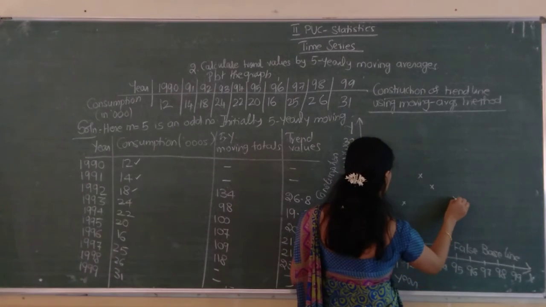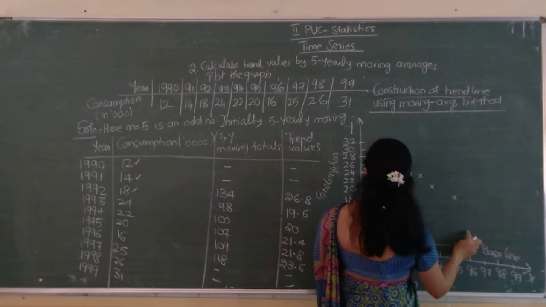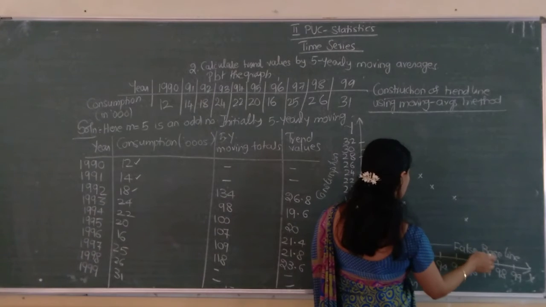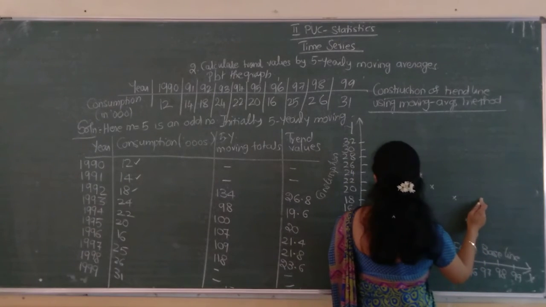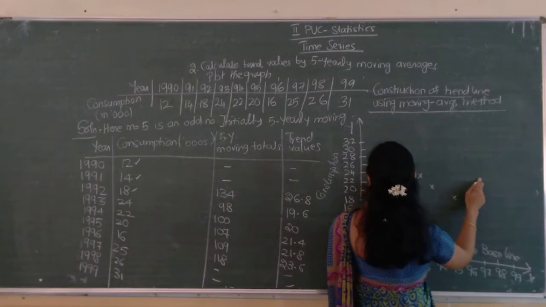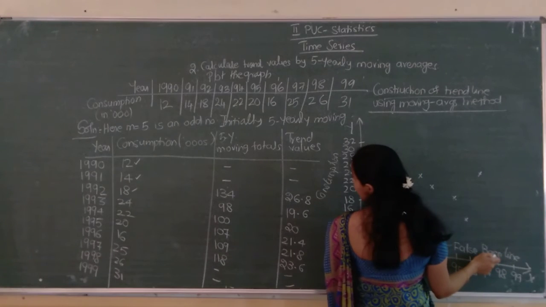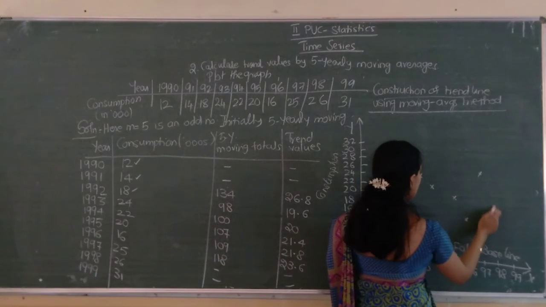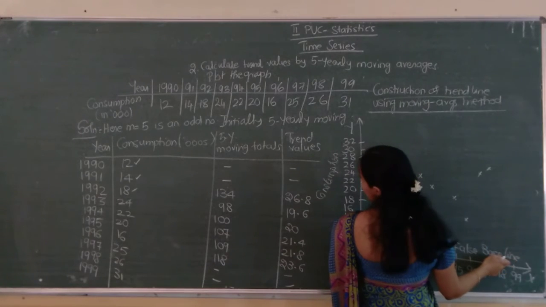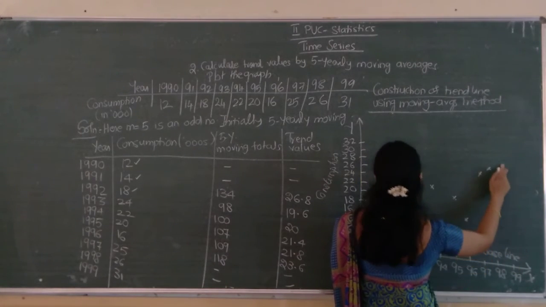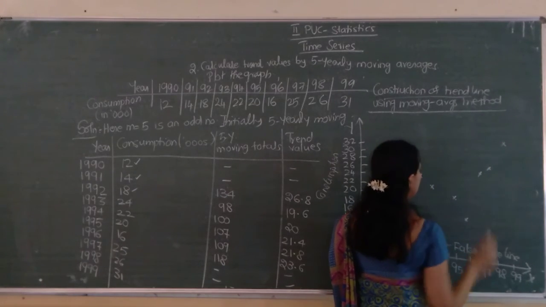Next 1996, 16. 1997, 25. Above 24, 25 means here. 1998, 26. 1999, 31. 31 comes somewhat in the middle of 30 and 32.